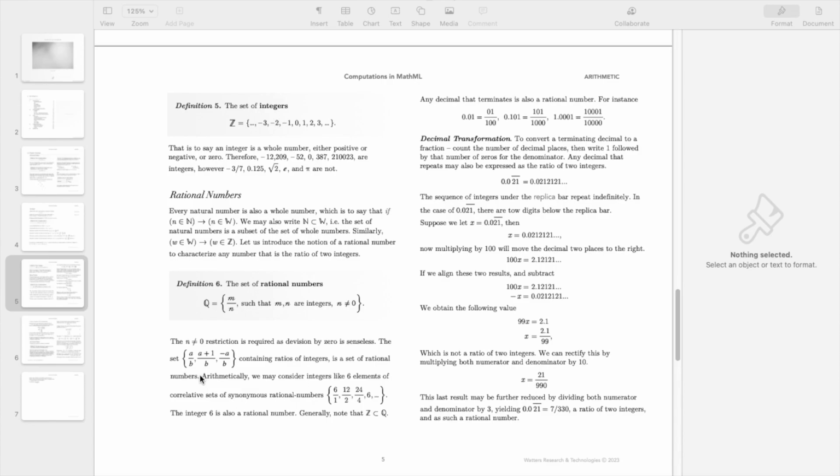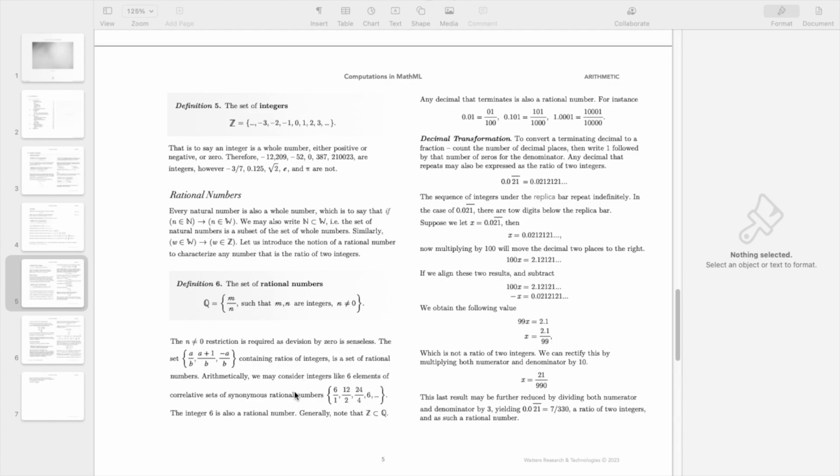So the set a over b, a plus 1 over b, and minus a over b contains ratios of integers, right? So it's a set of rational numbers. So these are all integers, respectively, and therefore we have a set of rational numbers.